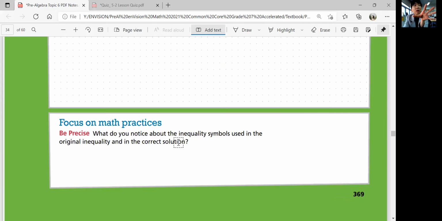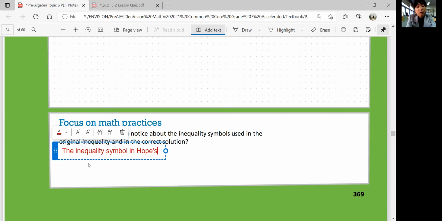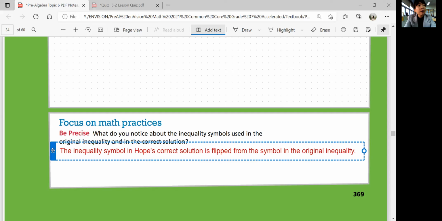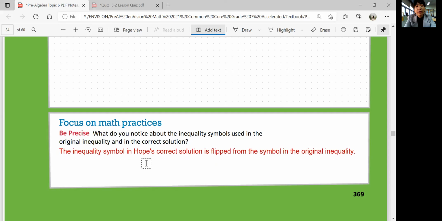And your x is still on the same side. So let's just write down and record what we noticed, and we'll see the rules later on, okay? The inequality symbol in Hope's correct solution is flipped from the symbol in the original inequality. Why do you think it is?